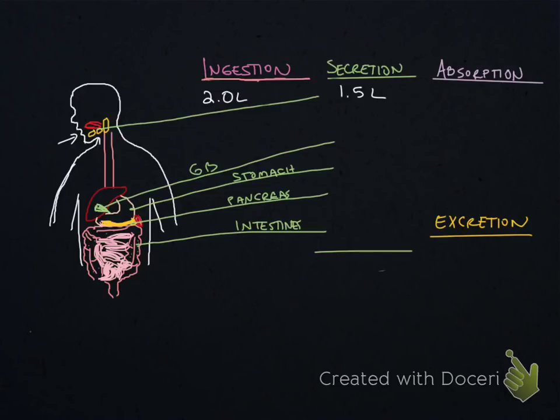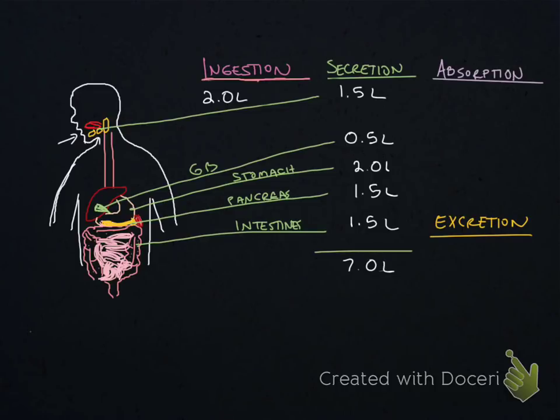We gain about 0.5 liters from our gallbladder, 2 liters from our stomach, 1.5 liters from the pancreas, and about 1.5 liters from the intestines. And if we add all of this up, that totals at around 7 liters total volume.